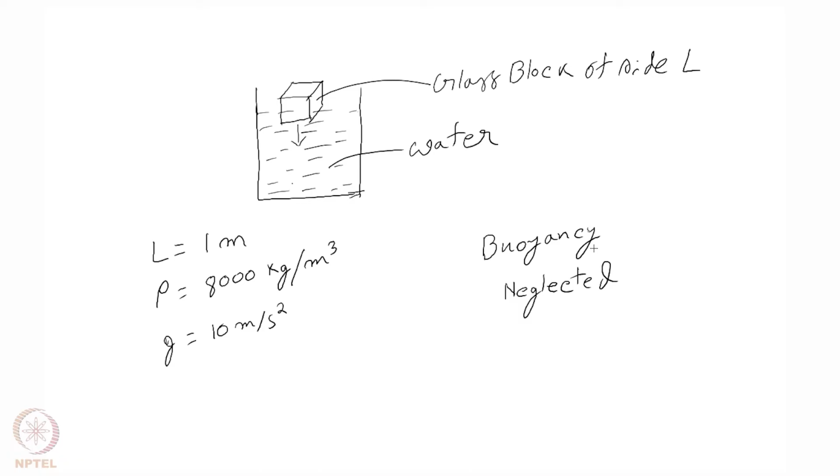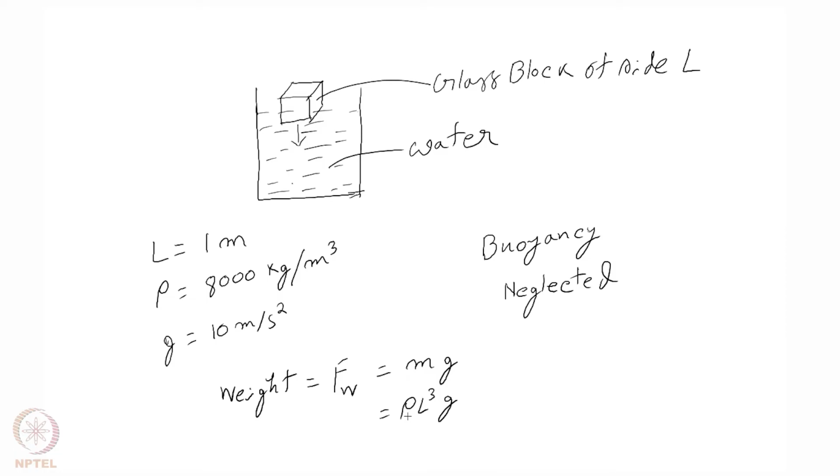So let us first calculate the weight of the block. So what is weight? Gravitational force or weight is equal to Fw, equal to m into g, where m is the mass of the block, and that mass is rho into L cube, because mass is rho into volume, where rho is the density, right, and L cube is the volume.